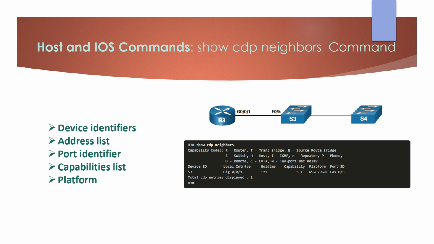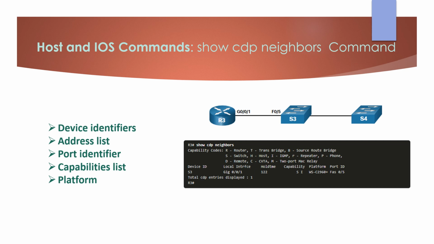CDP advertisements should be disabled on user-facing ports. It is important to know how to disable CDP. To disable CDP globally, use the global configuration command no cdp run. To disable CDP only on the interface, use the interface command no cdp enable.